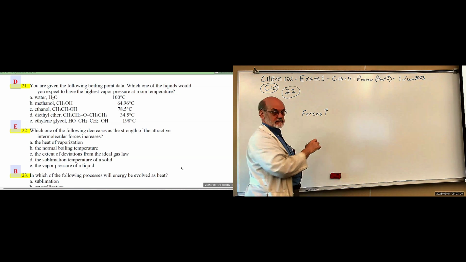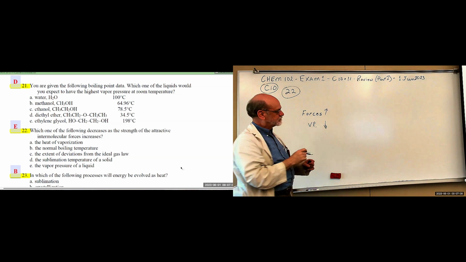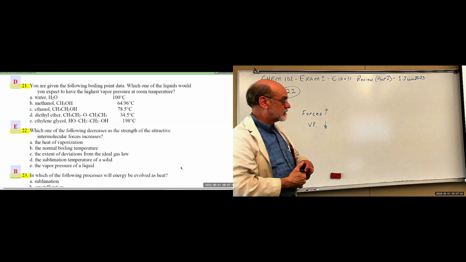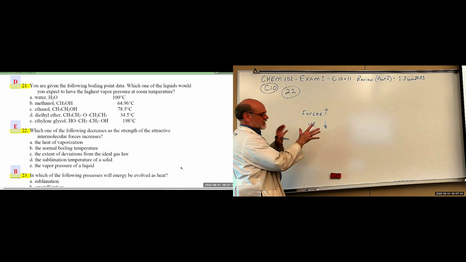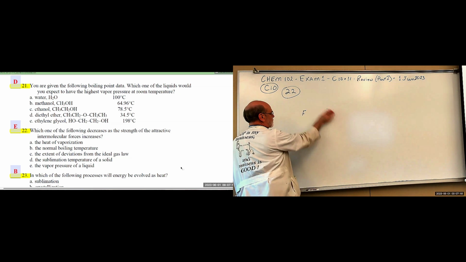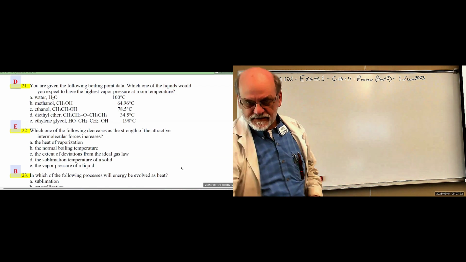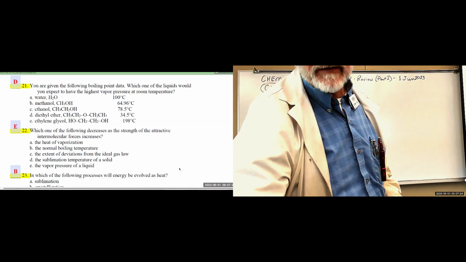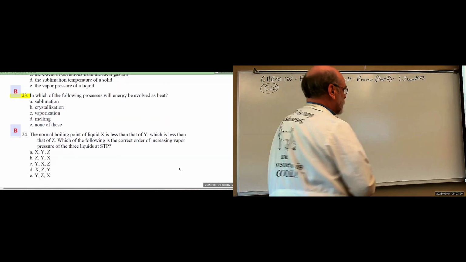Well, vapor pressure. Right? So that would be E, vapor pressure of the liquid. Two ways of asking the same question, 21 and 22. Let's see, that's not going to work. I have to scroll. There we go, 23.